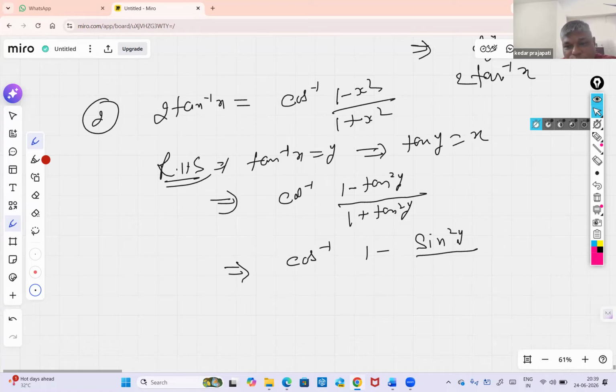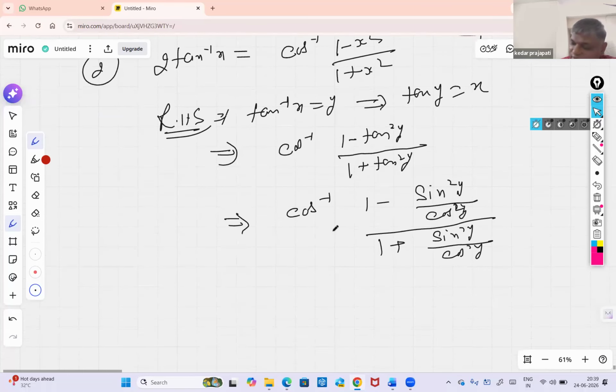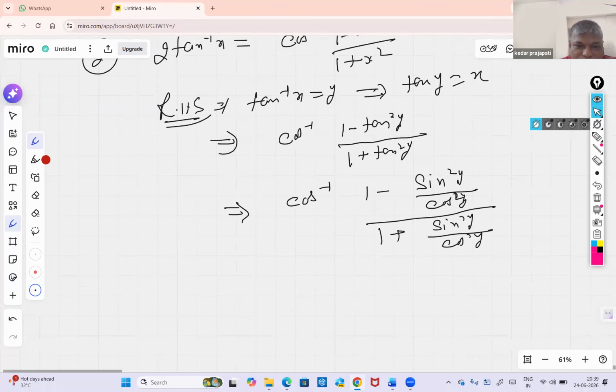Cos inverse of cos square y minus sin square y, divided by 1 plus sin square y by cos square y. I'm just trying to prove it. I know you will be remembering the formulas, but sometimes 2 marker questions come: prove that this is this. Take LCM.